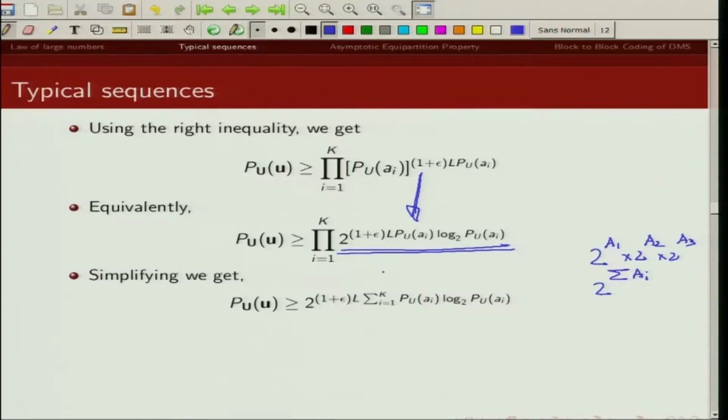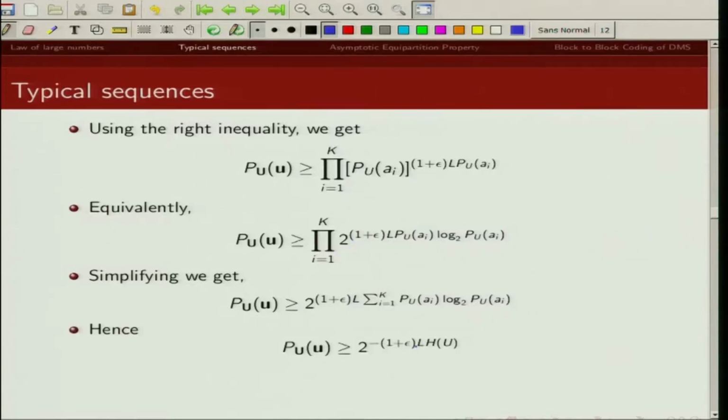So that's what I am doing in the next step. This quantity 1 plus epsilon doesn't depend on i, so I can take it out, and the remaining terms that I have is this form. Of course L also does not depend on choice of i. So what I am left with is something like this.